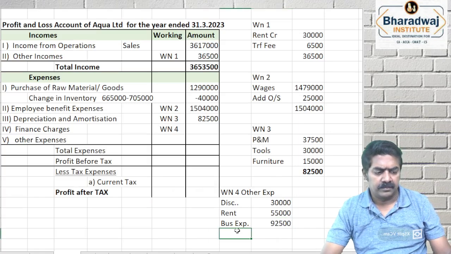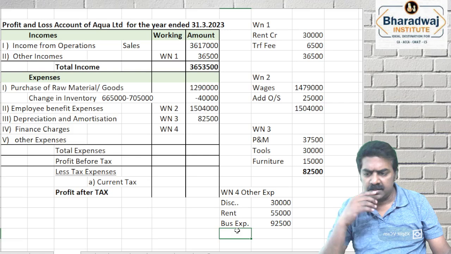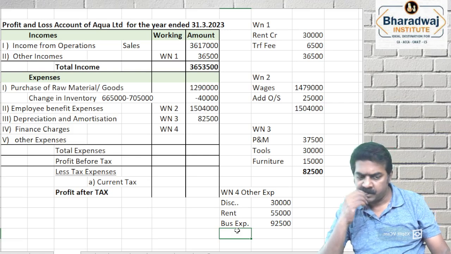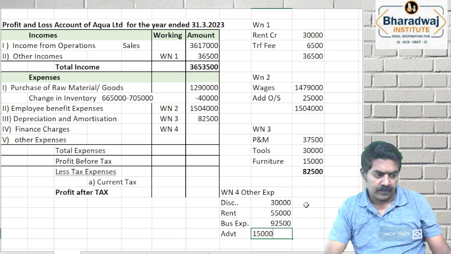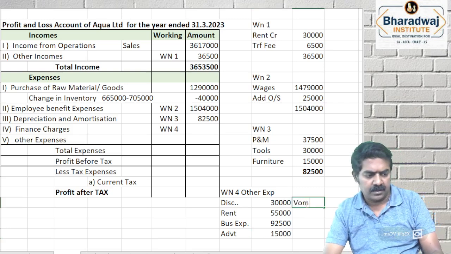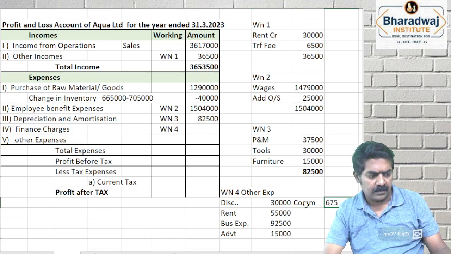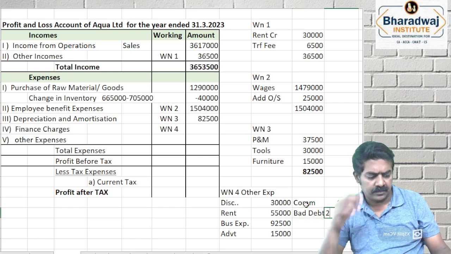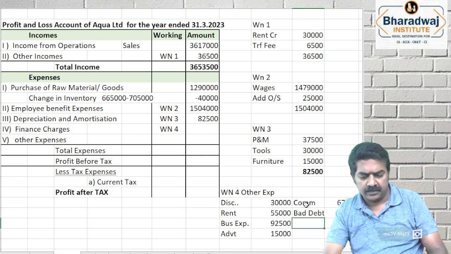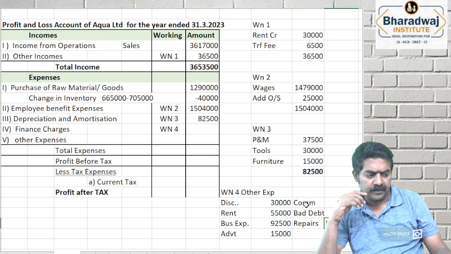Then what else? Advertisement expenses, 15,000. Then commission, 67,500. Then bad debts, 25,500. Then repairs to building, how much? 56,500.